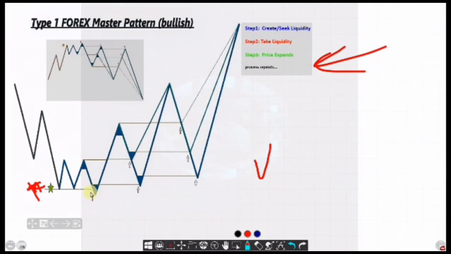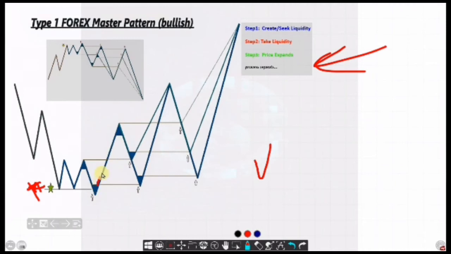Now that's really, really aggressive, and if you're starting off right with a concept, you don't really want to do that. Okay, so what you want to do is to wait for them to show you their hands. Okay, you want them to show you that they are actually buying or using the liquidity that's sitting below here to go long.